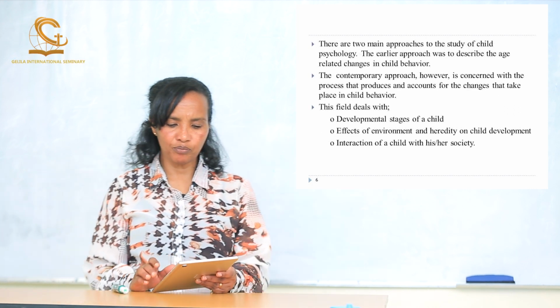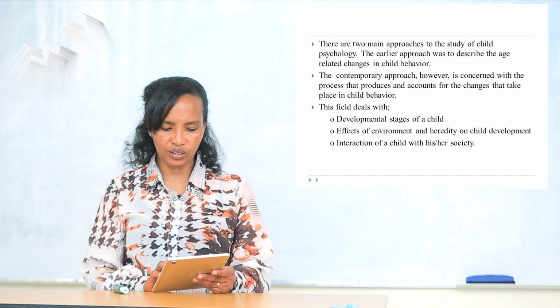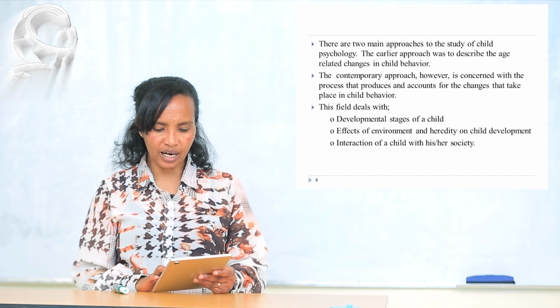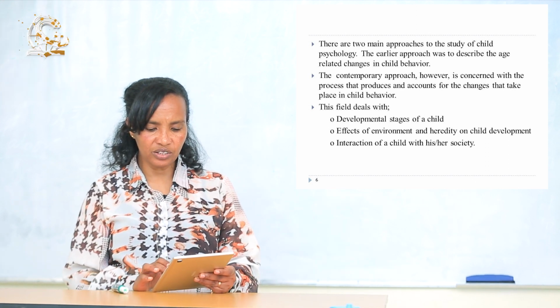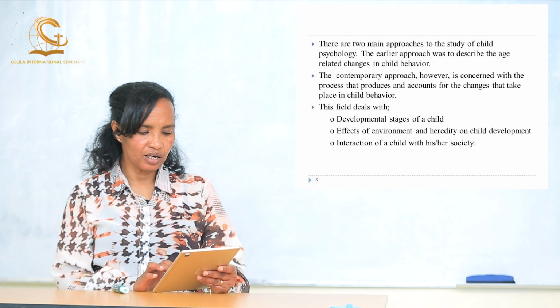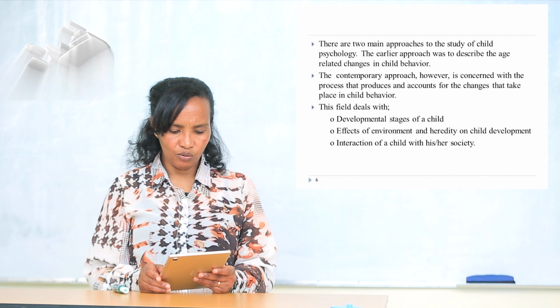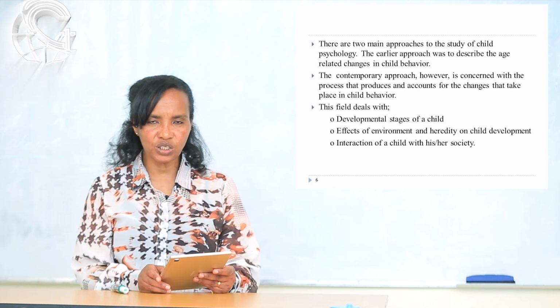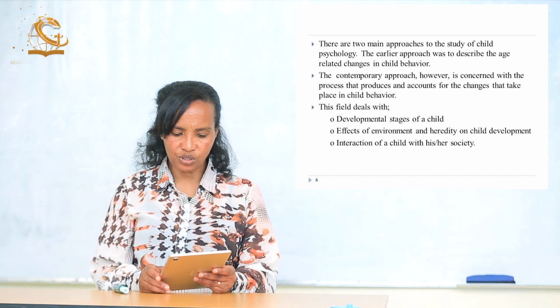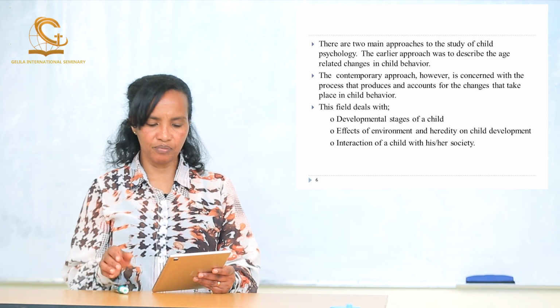There are two main approaches to study child psychology. The earlier approach described the age-related changes in child behavior, and the contemporary approach, however, is concerned with the process that produces and accounts for the changes that take place in child behavior.